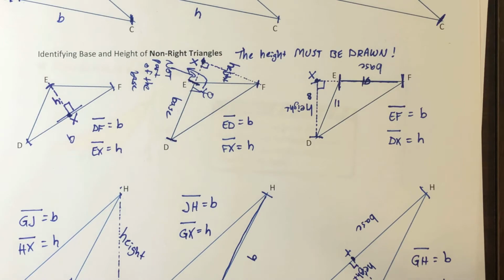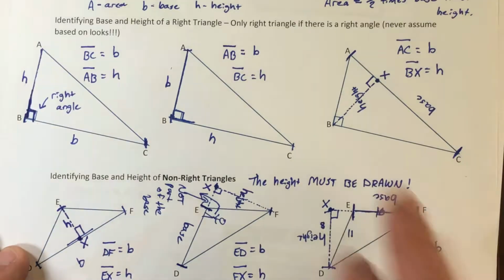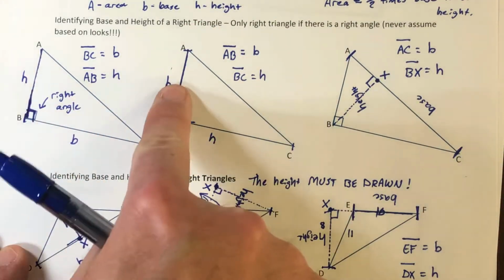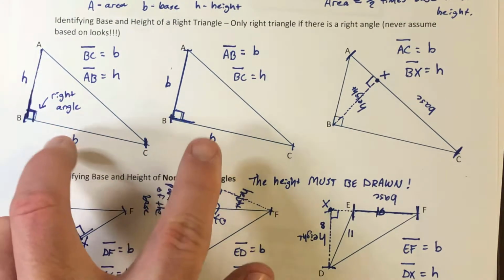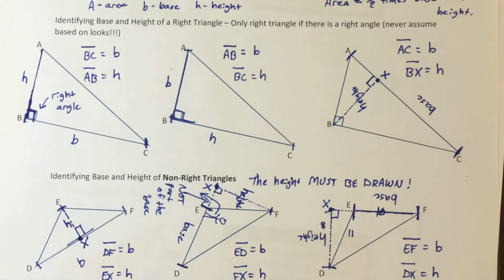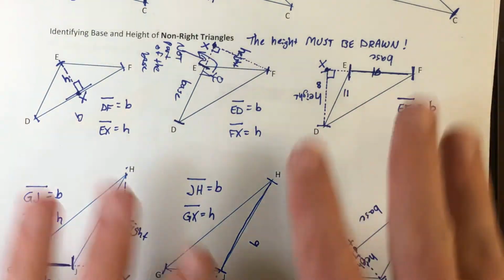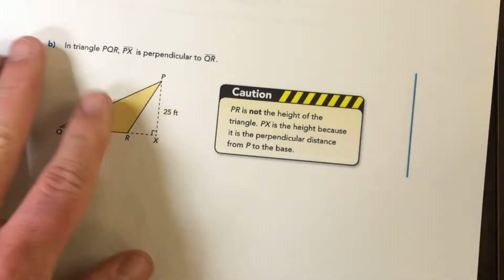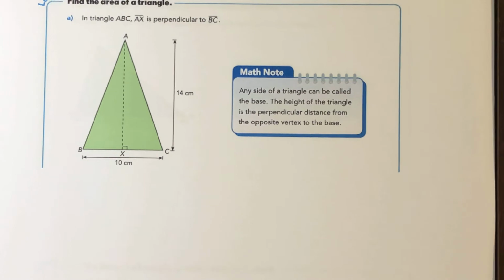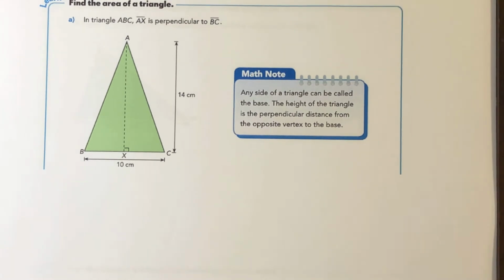Only the base will. If you have a right triangle, part of the triangle could be the height because it forms a right angle. All right. Hopefully, we can identify some bases and heights. So now we're going to apply that to actually finding area, base, or height of a triangle mathematically.